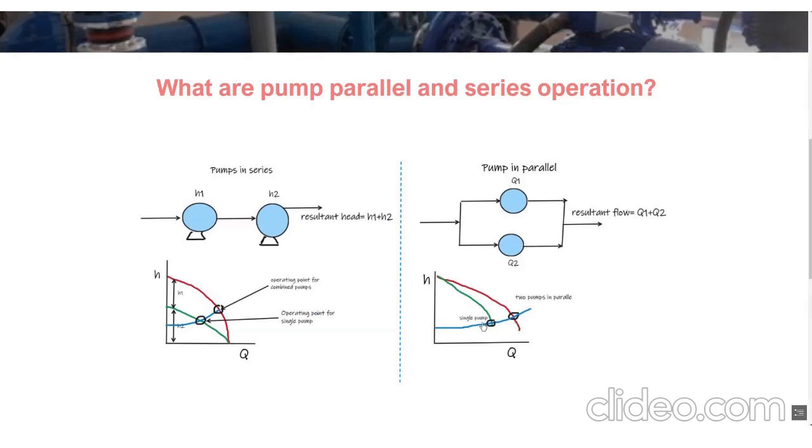Once they are added in parallel combination, you can see their resultant flow increases as a result of adding the second pump, and their behavior on the system curve. So these were basically the differences between the parallel and series operation.